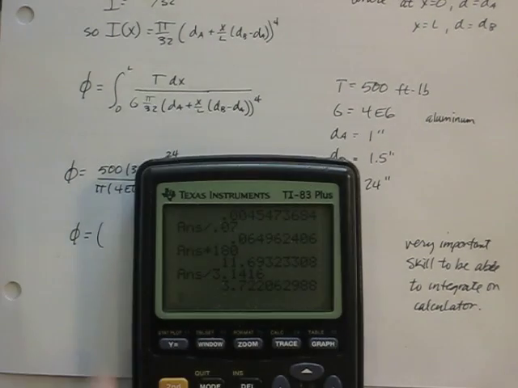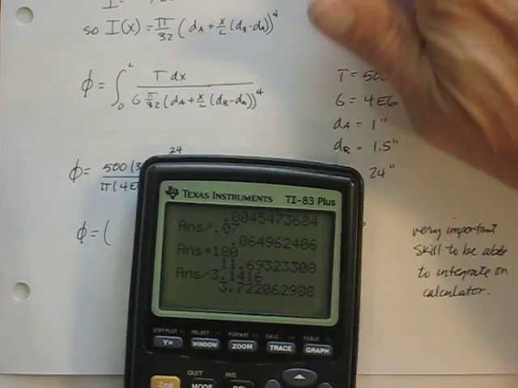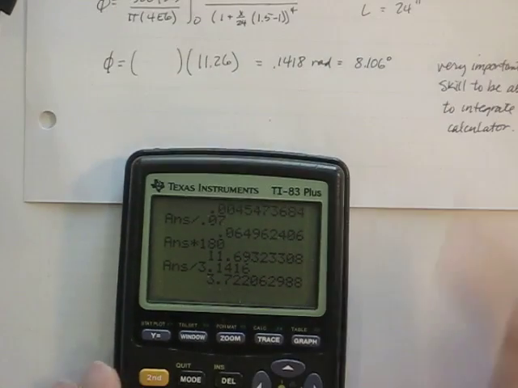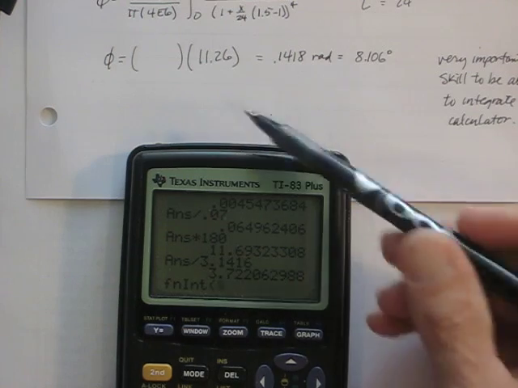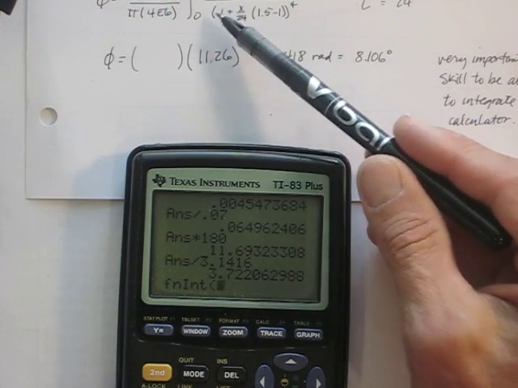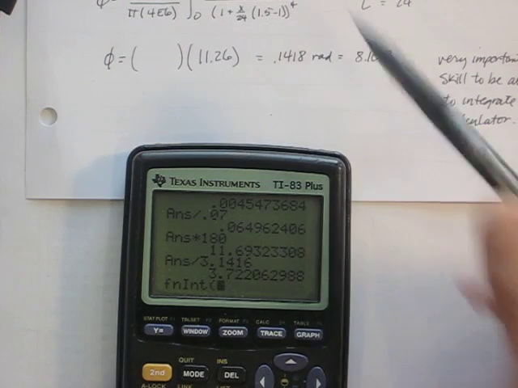Now let me just do this integral for you. So I'm just going to do this on my TI-83, and let's just make sure I did it right. So I'm going to do math 9, which is the integral, and I'm going to do 1 over this quantity and see what I get.